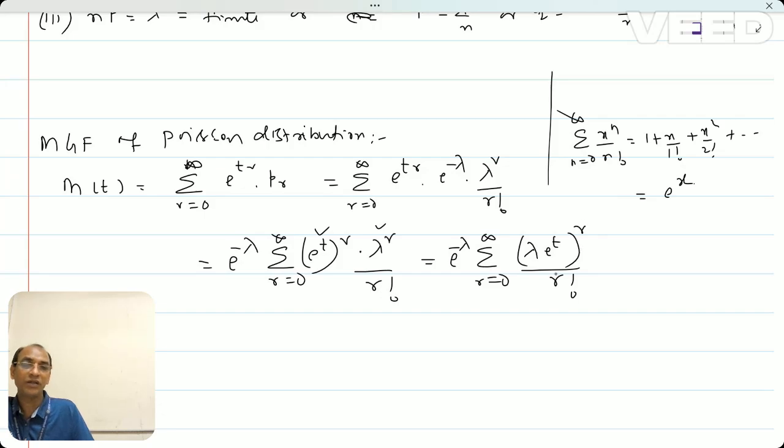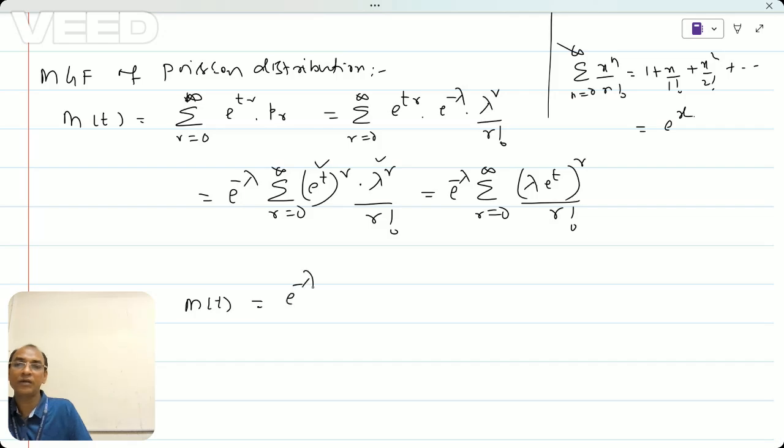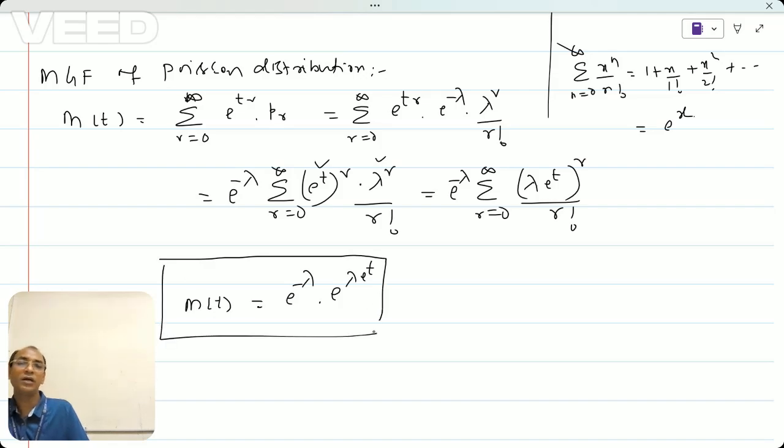In place of n I am having r, and in place of x I am having lambda e to the power t. Comparing these two, M of t will be e to the power minus lambda into e to the power lambda e to the power t. So this will be my moment generating function.